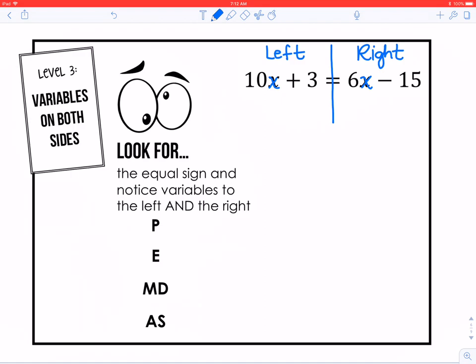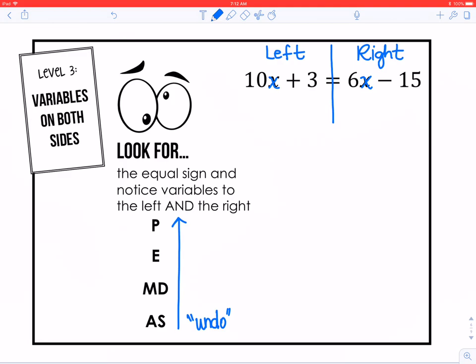So if we need to move some things around, we can do that, but we need to follow our operations, right? The rules of the road keep us safe, gives us order. That way we're all working under the same constraints.